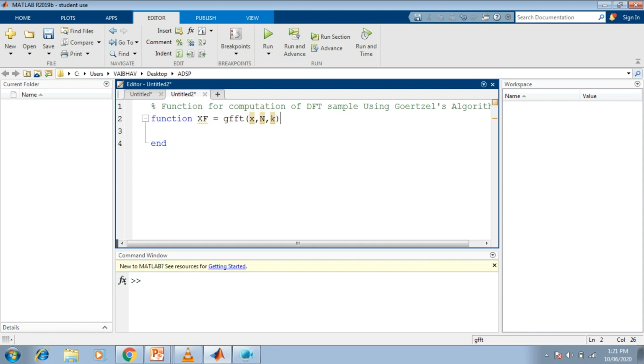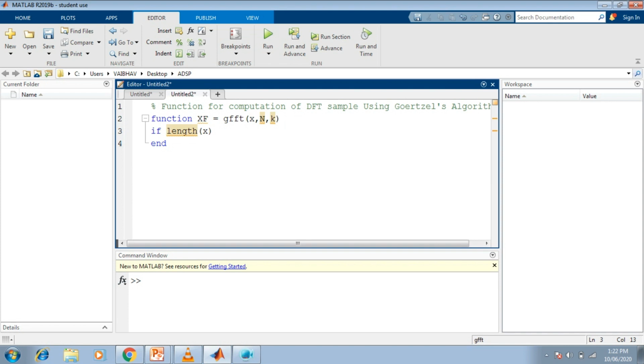So after accepting these three input operands, we first of all make use of the if command. Here we compute the length of the discrete time sequence that we have accepted.